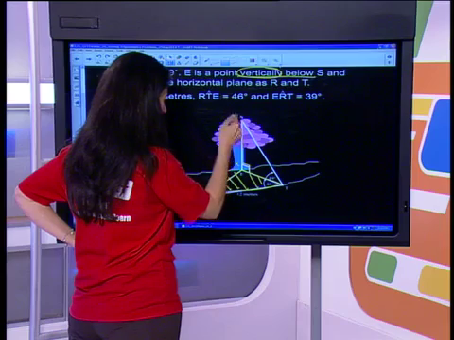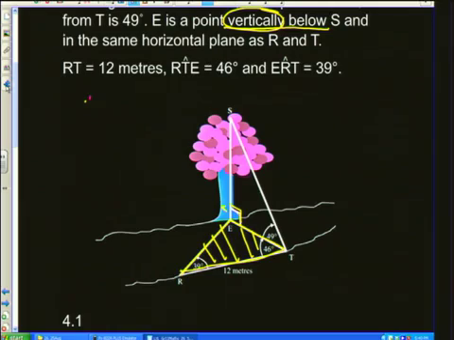In this white triangle, I need to find ES. I only have 49 degrees. I am short of information, so I need to extract that extra information from somewhere else. The only other place I can go is this yellow triangle, the horizontal plane, because it shares ET as a length.